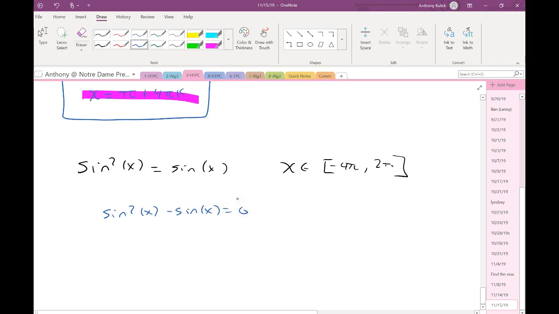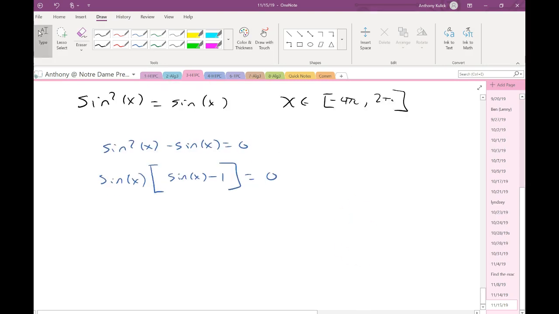Then what can I do? Factor a sine x off. Pretty good with that. Then I can set each piece equal to 0.